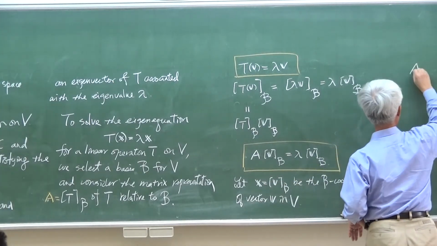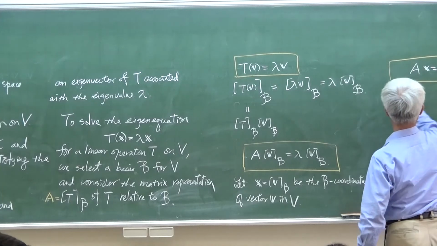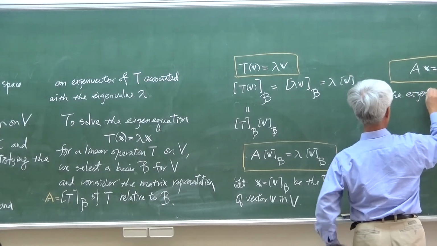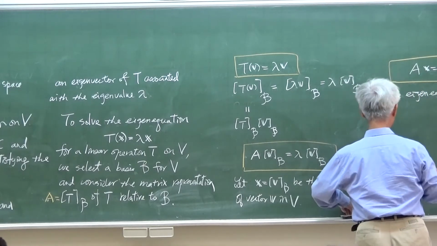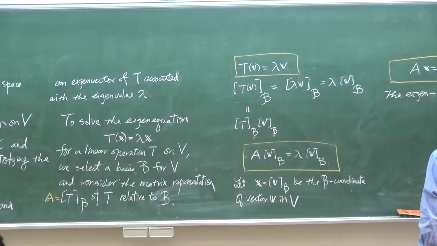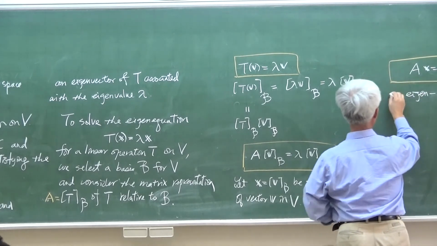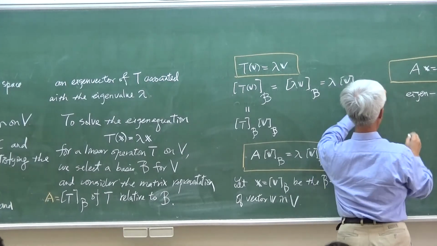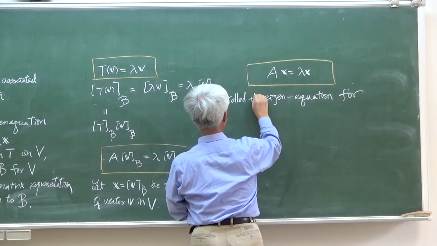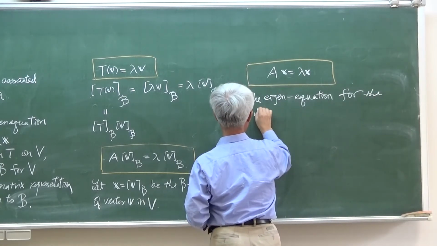So now we have Ax = λx. This is called the eigenequation for the matrix.